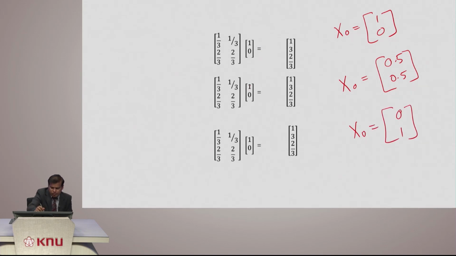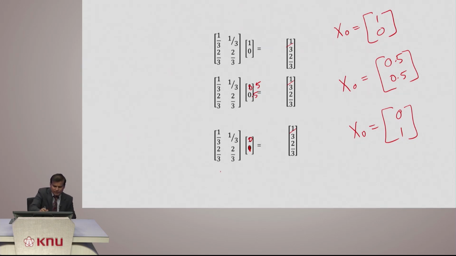So this has to be 0.5 here and 0.5, this is 0 and 1. When you multiply these values, you will end up with 1 by 3 and 2 by 3, 1 by 3 and 2 by 3, 1 by 3 and 2 by 3. So they are the same, they remain the same. So this eventually is our final answer.